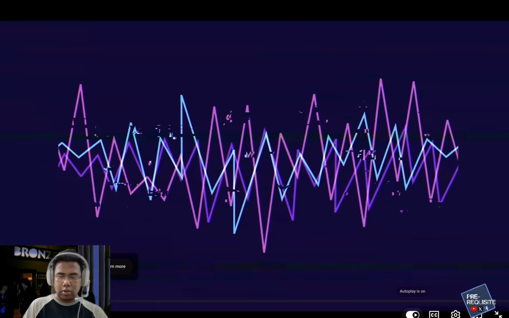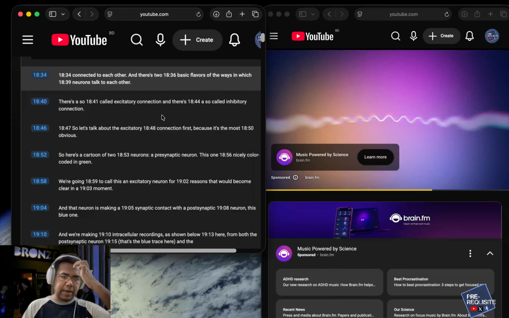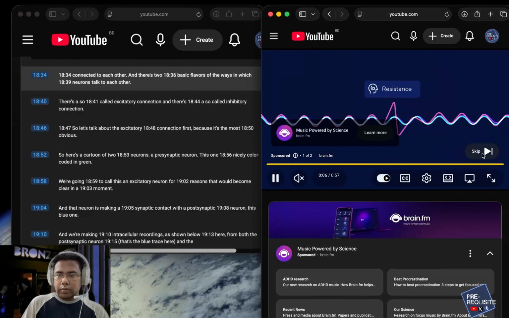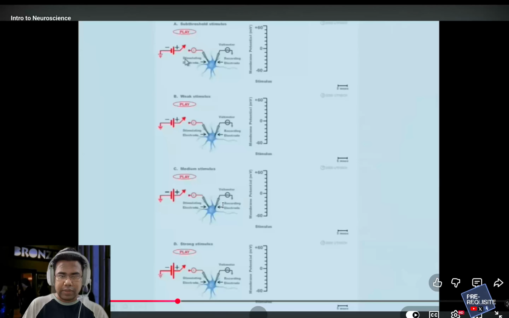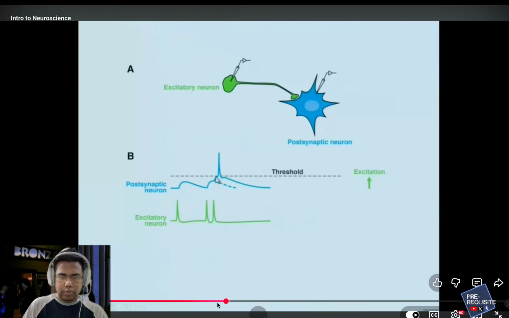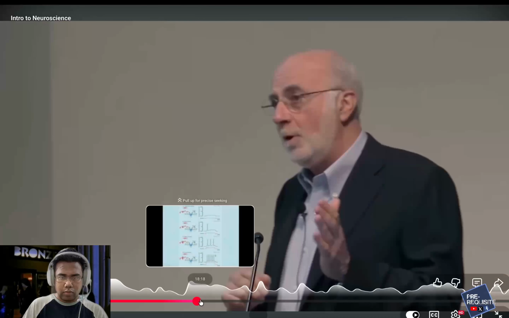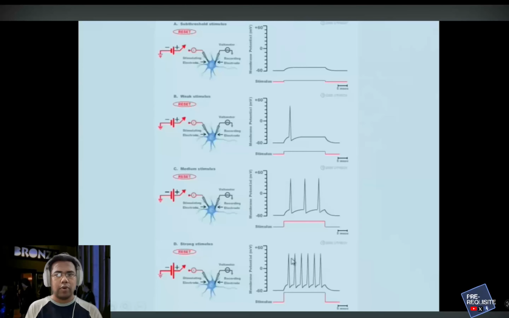Then we see that we can generate basically multiple signals. So this is an animation. There's one signal, and this is basically mapping onto the reality of stimulus.